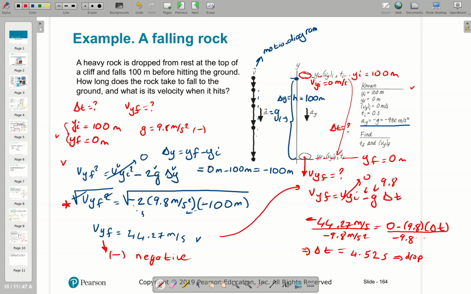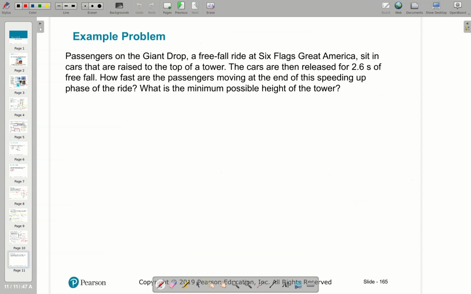If we drop something from 100 meters, it's not going to take a long time to drop. You can try. It's very hard, even from 2-3 meters, to set up the timer and stop it. It's really fast because the acceleration, g, is 9.8 meters per second squared. It's quite a large acceleration, so it makes sense to me.